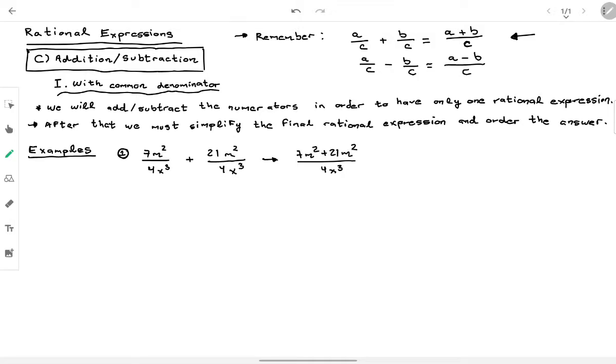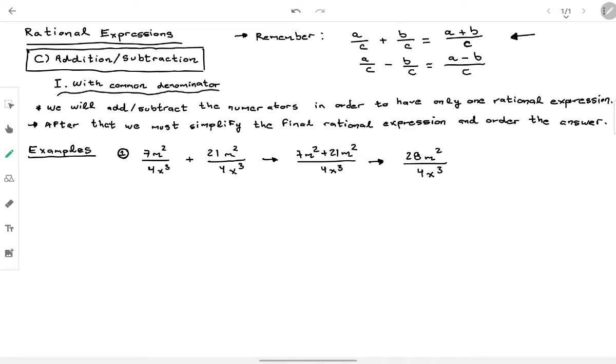It's going to be 21m squared plus 7m squared. Remember, to be added or subtracted, they must have the same variable and the same power. So it's going to be 28m squared divided by 4x cubed.